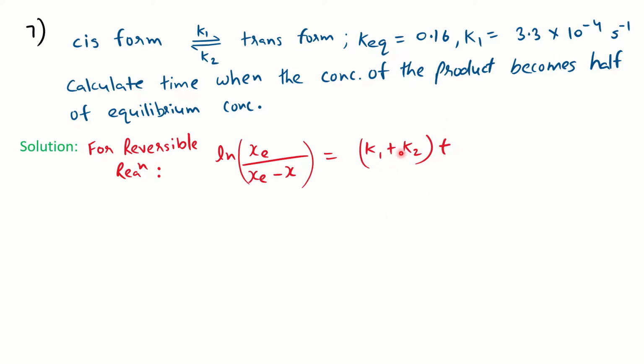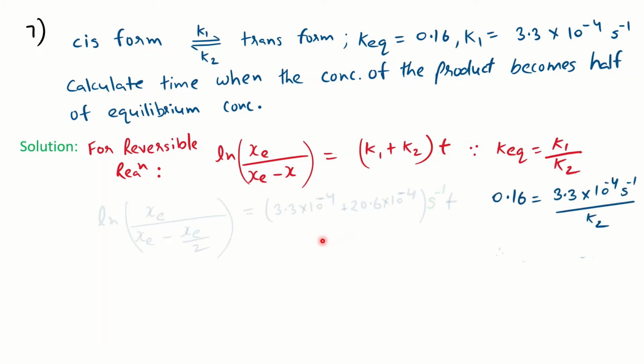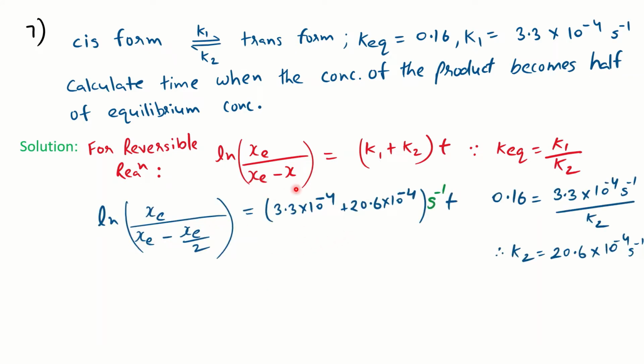So here K1 is given, K2 you can calculate by using the formula K equilibrium is equal to K1 divided by K2. K2 you can calculate because both the values are given here. And the statement says that when the concentration of the product becomes half of the equilibrium concentration, so you can say X is equal to Xe divided by 2.